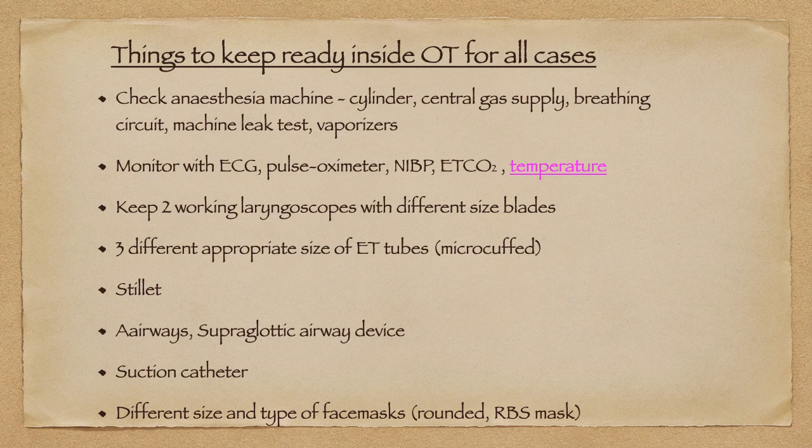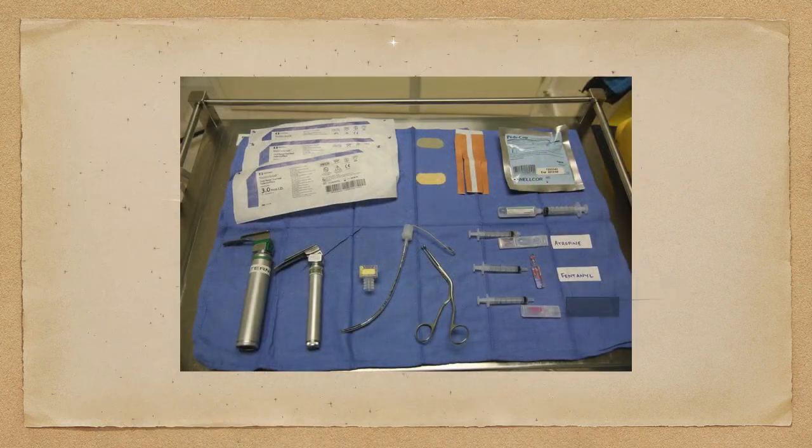Stillet should be there. Airway, supraglottic airway device, suction catheter, different types of face masks, rounded or RBS mask. One thing I forgot is the ambu bag, which you also have to keep.